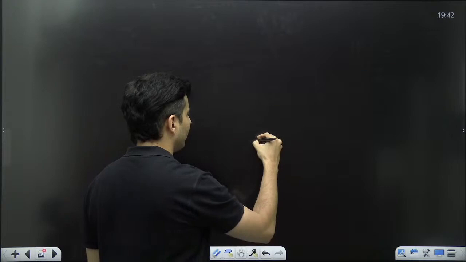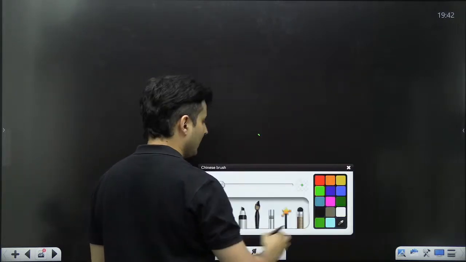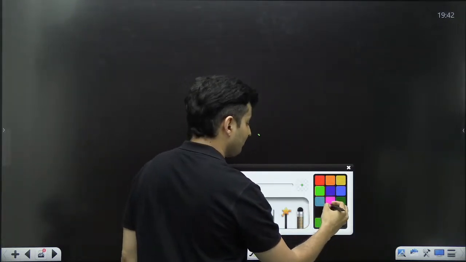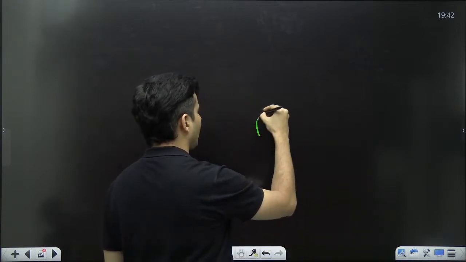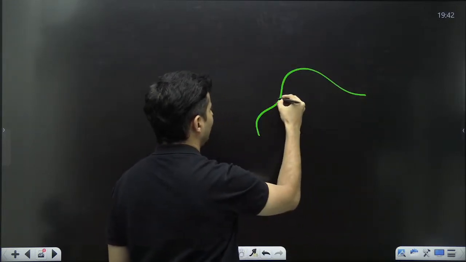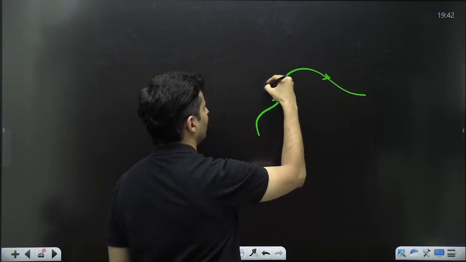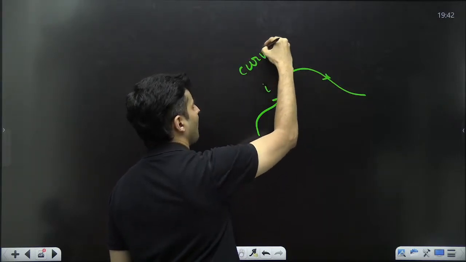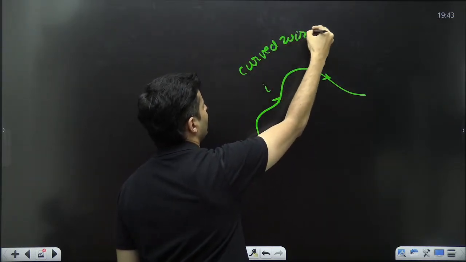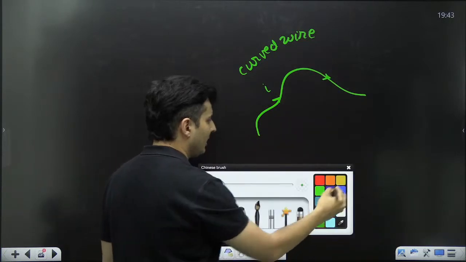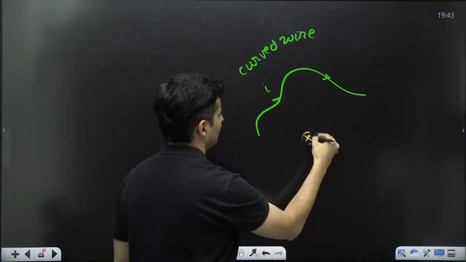If you have, basically, imagine a curved wire like this, any curved wire carrying certain current. This is your curved wire carrying current, and there is some magnetic field, maybe like this, who knows.